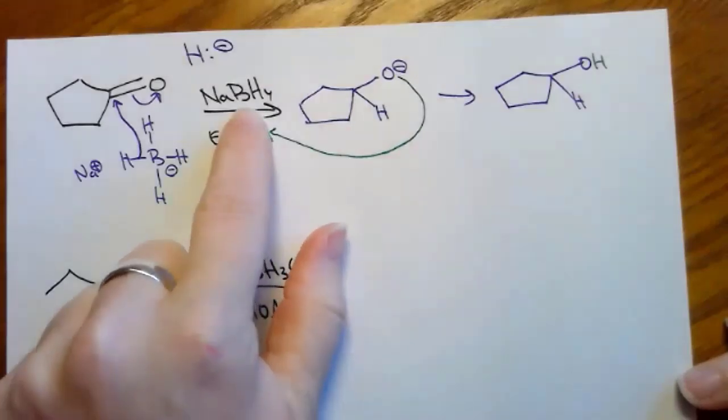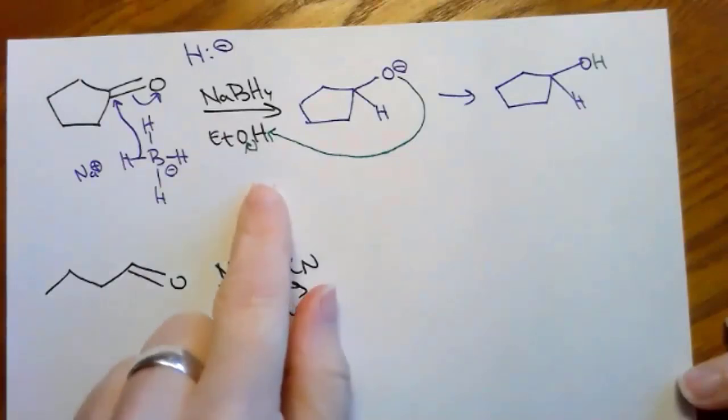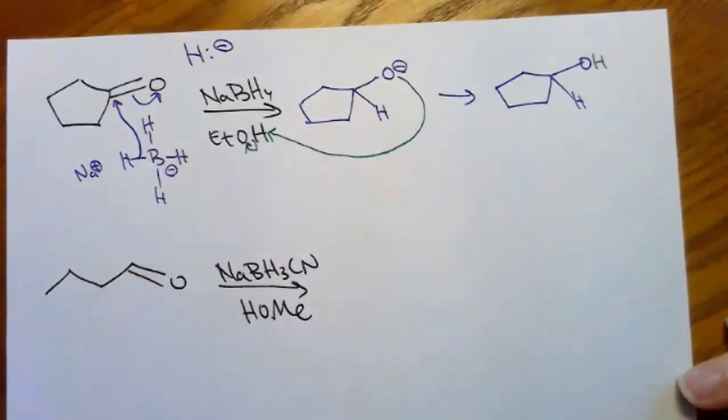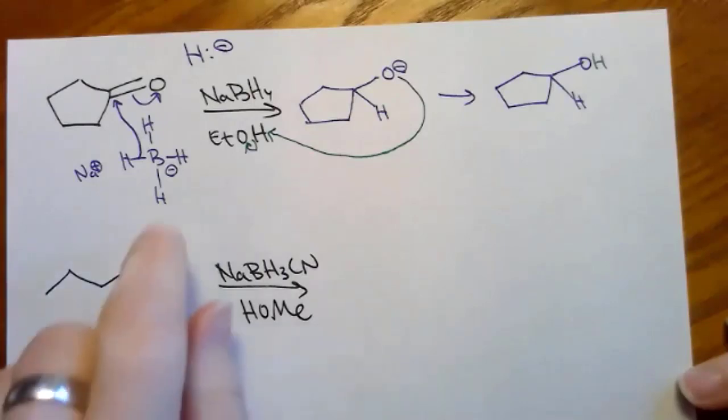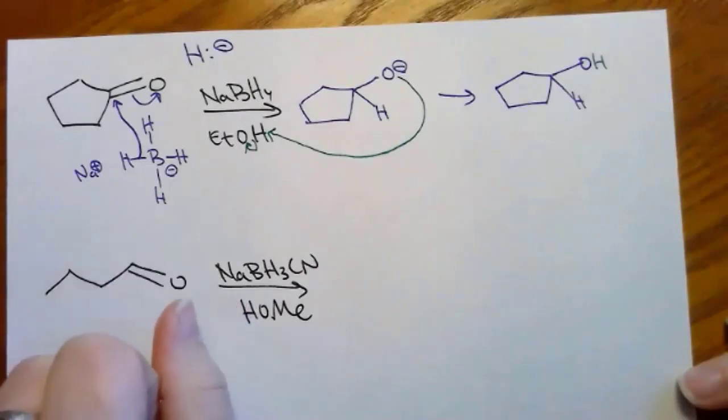So sodium borohydride is weak enough that it can exist in the presence of a protic solvent. Those aluminum things should not be in protic solvents. They have to be in aprotic solvents or else you're in trouble. So boron stuff can be in protic solvents, aluminum stuff, not so much.